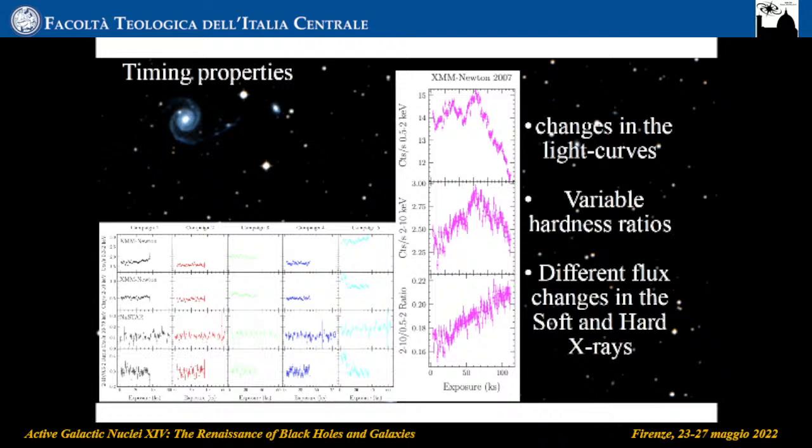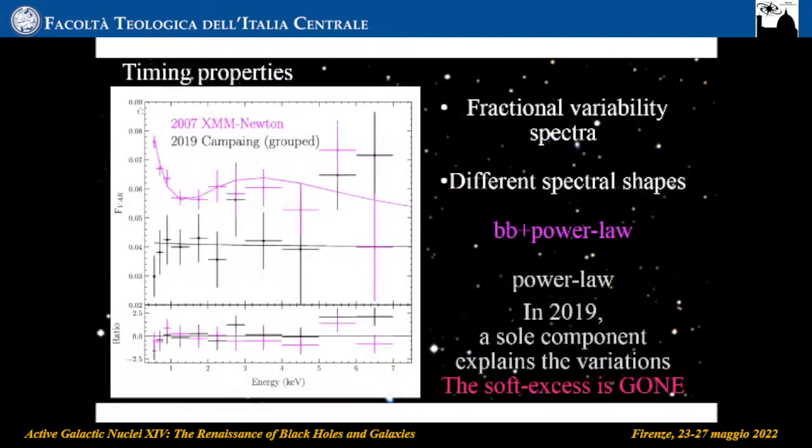But, again, from the light curves, we are able to get information about the underlying physical process of AGN, and in particular, we computed the fractional variability spectra for this source and tried to understand what was behind the variability.